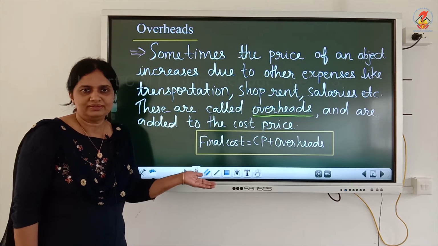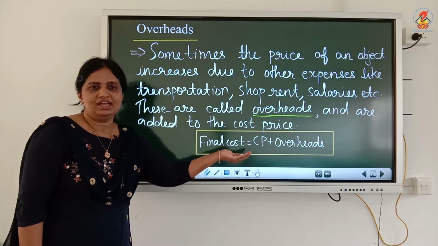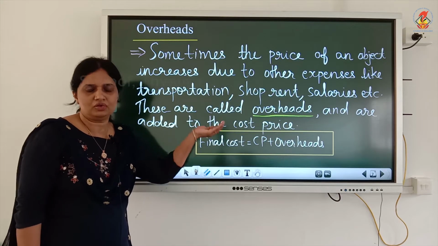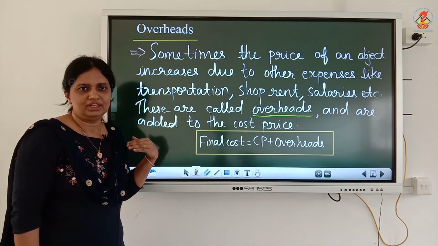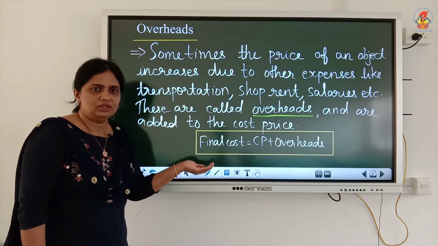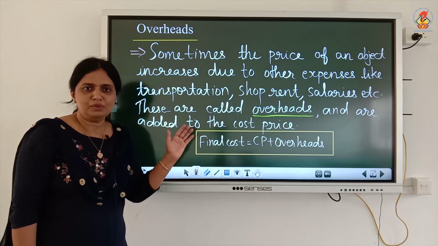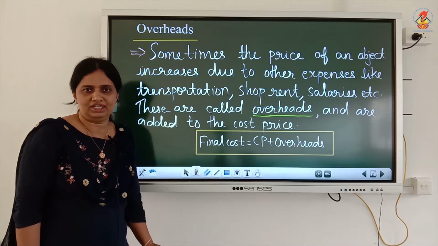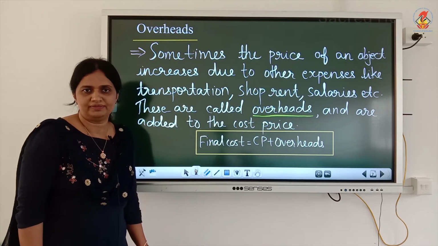Is it clear? And how can he take all these things from the wholesale shop to his shop? By auto or minivan or something like that, right? Transportation cost is needed for that, right? That is the shopkeeper's overhead.